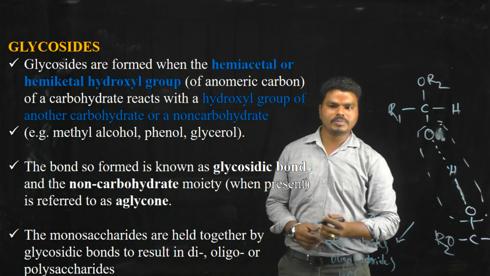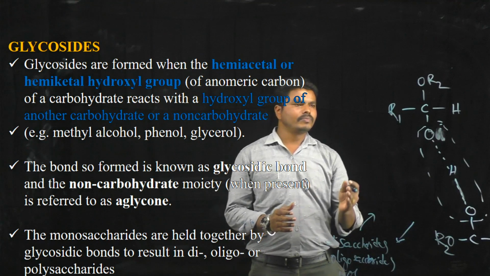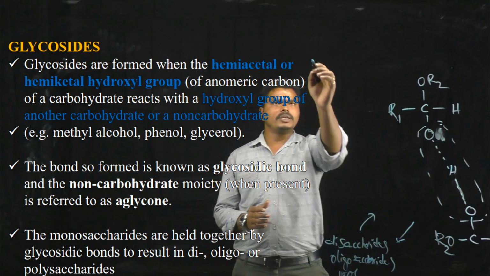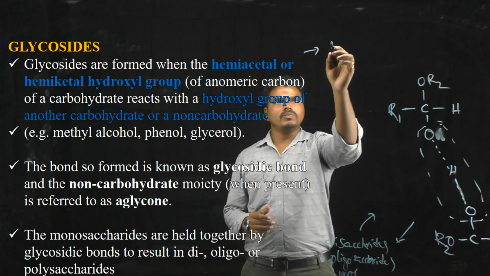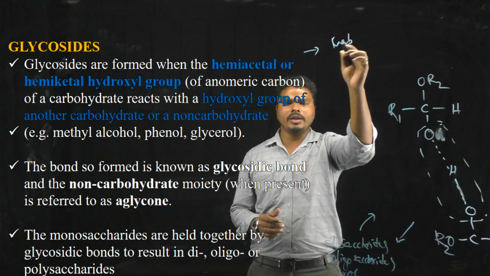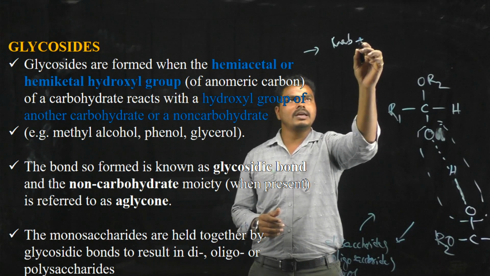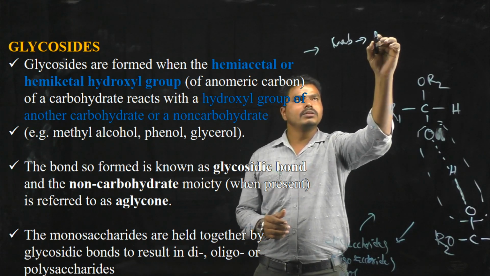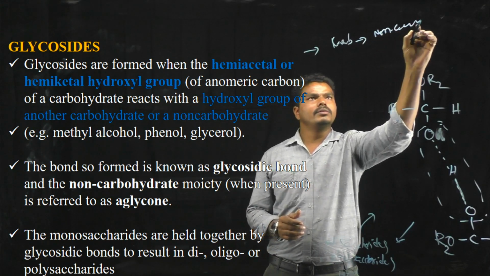So the glycosides are of two types. The first one consists of one carbohydrate group, or one hemiacetal or hemiketal part, connected to a non-carbohydrate by the glycosidic bond.